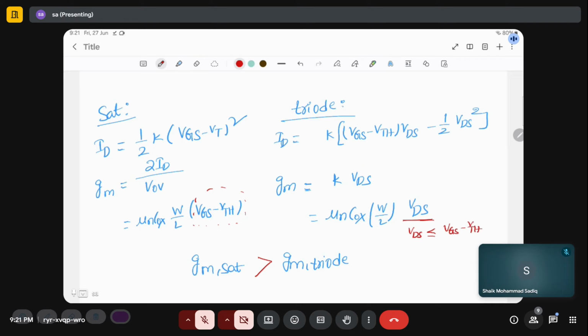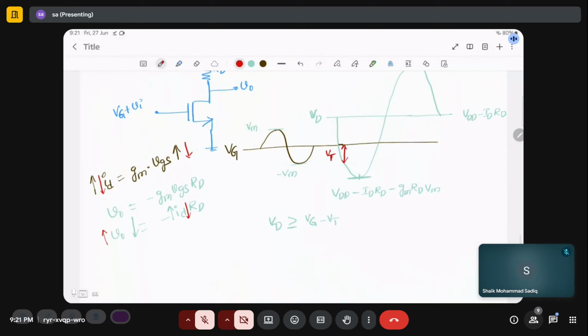So when the drain voltage of the common source amplifier comes one VT below VG, what happens? It enters the triode region. So there you will not have enough gain, so it will not follow this curve. It clips off because of the lower gain.